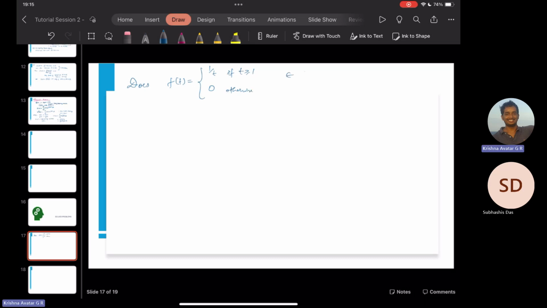Does this function belong to L2(R)? So that is the question.